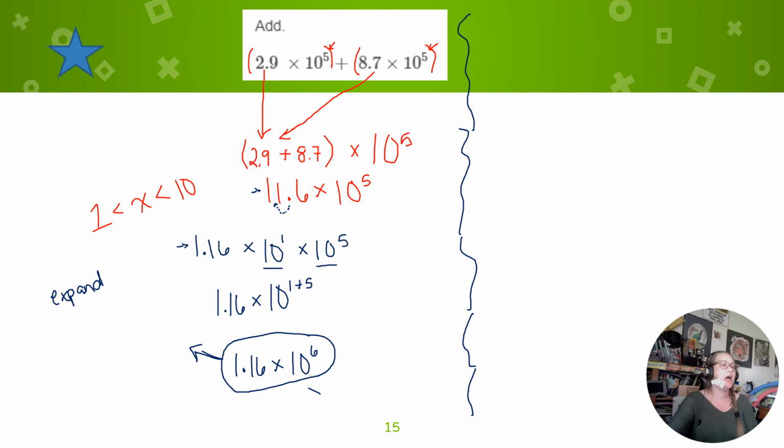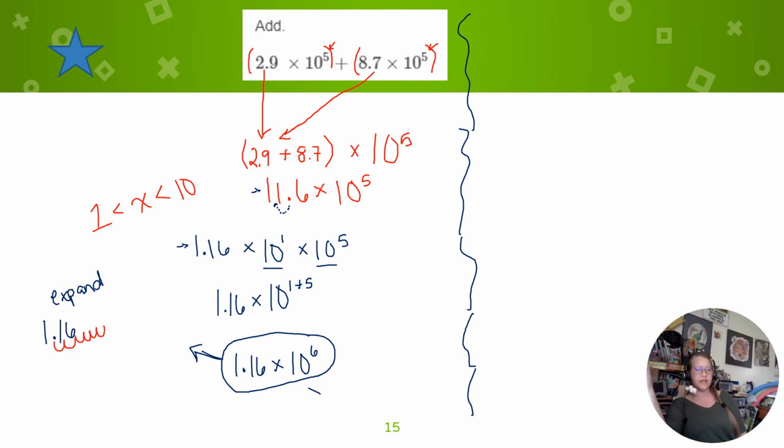So, I have 1.16. I know I need to move my decimal 6 times because it's multiplied by 10 to the 6th power. I'm just going to grab another color over here now that I know where they are. I'm going to move this 6 times. 1, 2, 3, 4, 5, 6.